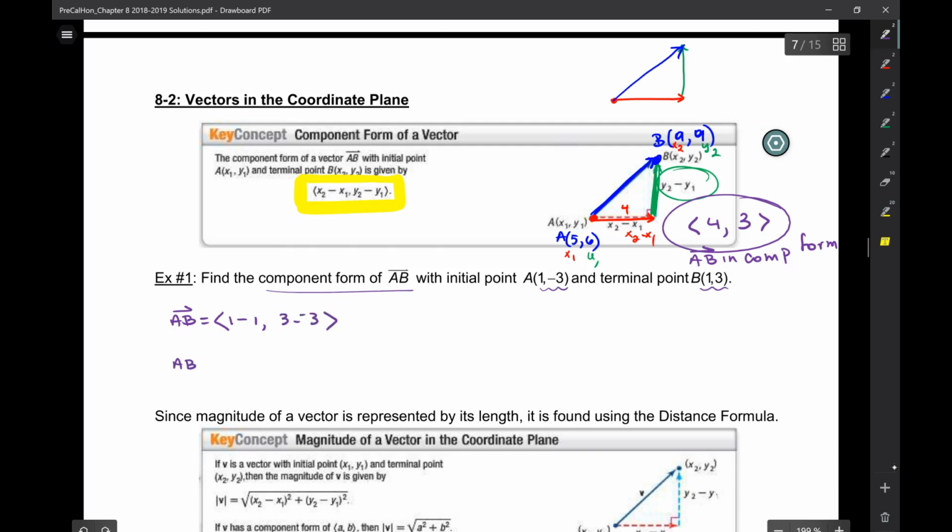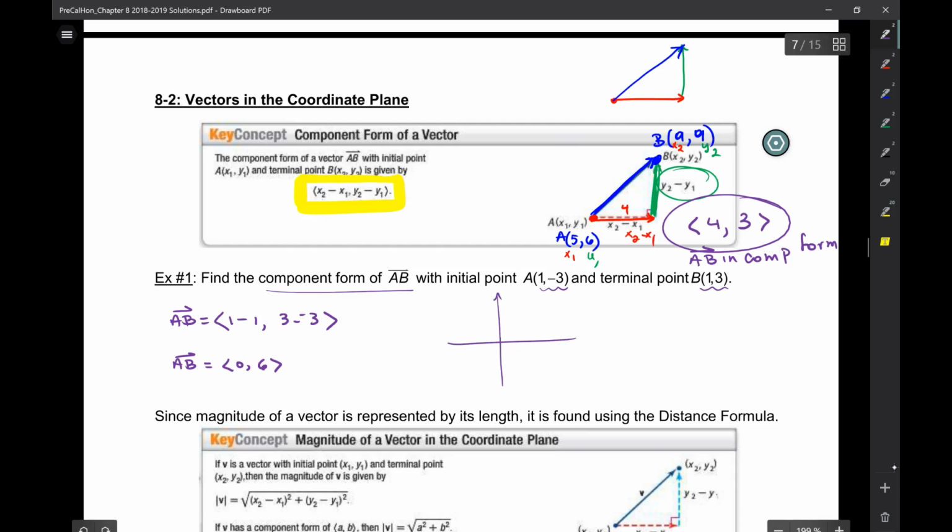So AB is equal to <0, 6>. What does that tell me? In order to draw AB, start at a point. How much are we going to go in the horizontal direction? 0. And in the vertical direction? 6.